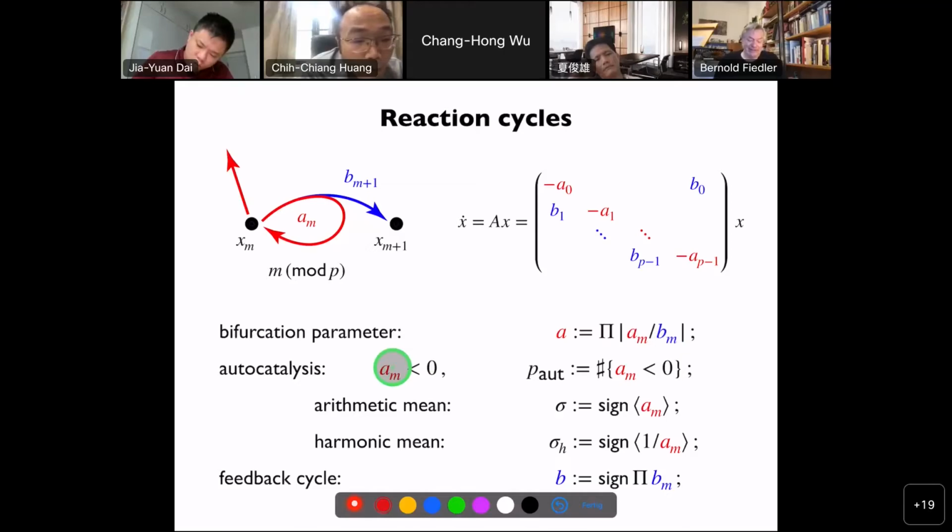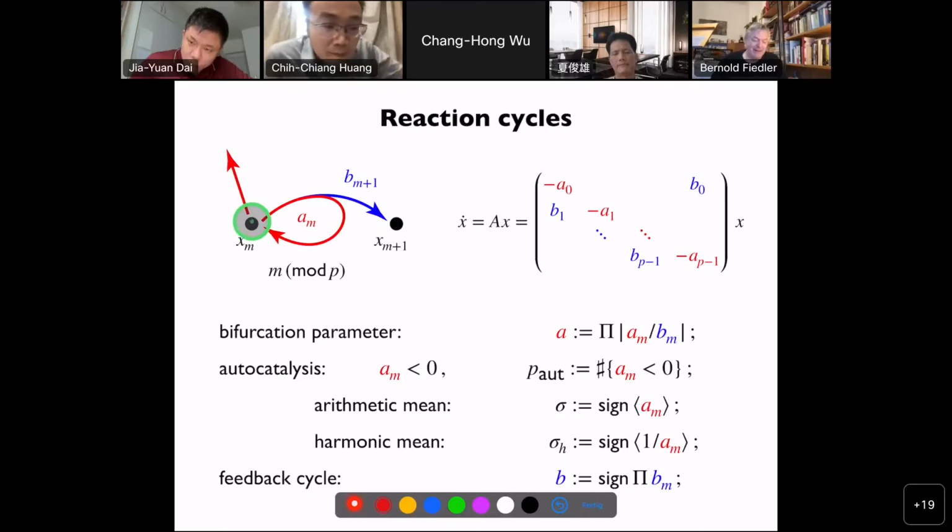Now, autocatalysis is an important thing studied much in chemical oscillations. Autocatalysis means that on the diagonal, the linearization contains a positive term. The standard would be negative: you consume something in this reaction, you consume XM.